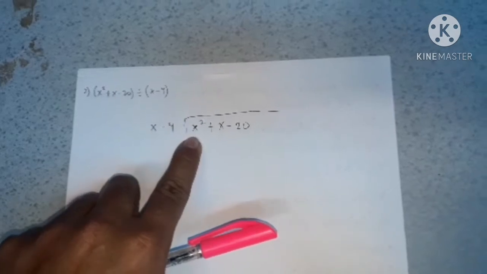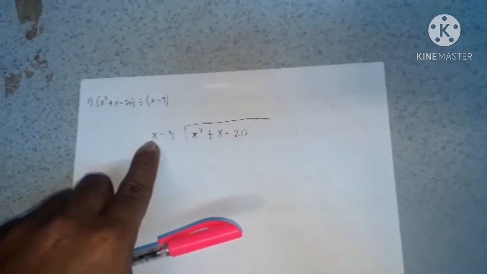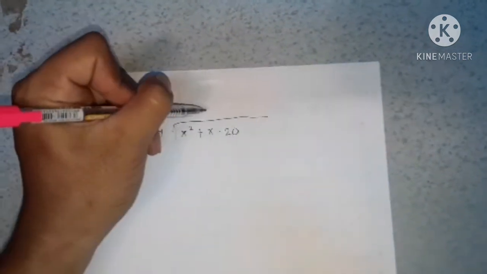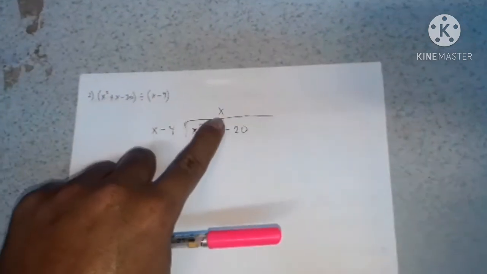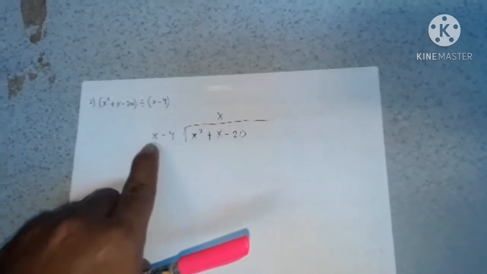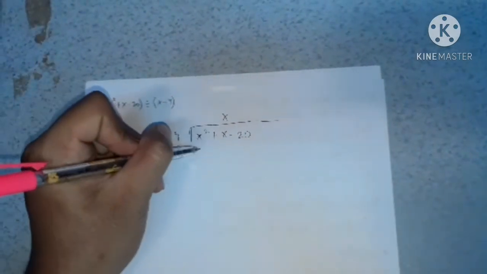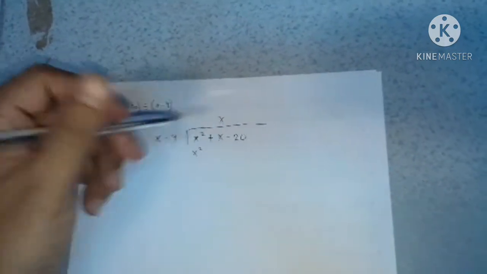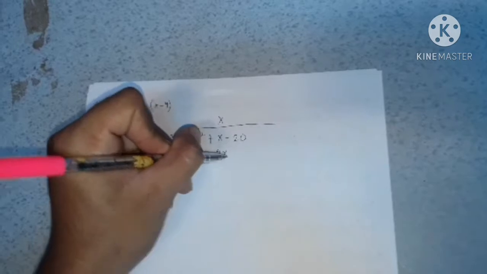And then again, divide the first term of the dividend by the first term of the divisor. So, you have x squared divided by x, that is x. And then, multiply ulit yung quotient dun sa terms ng divisor. You have x times x, that is x squared, and then x times negative 4, that is equal to negative 4x.